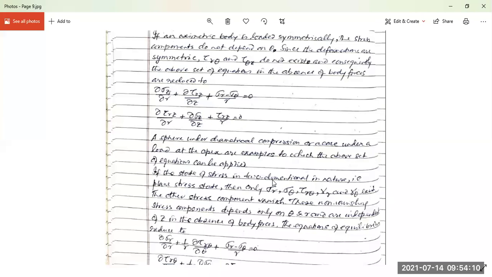If it is loaded only on the surface itself, not along the length, the stress components do not depend on theta. What is theta? It is, at any point on the surface, the radial polar coordinate.